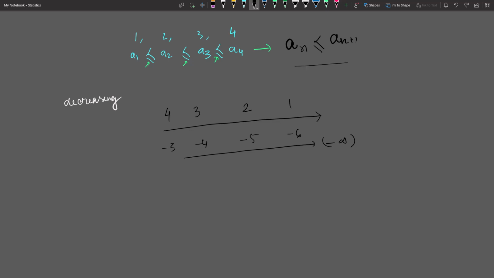That was for monotonically increasing, and for monotonically decreasing it will be a_n greater than or equal to a_(n+1), because the first term will be greater than or equal to the next, and the next term will be greater than or equal to the following. This means 4, 3, 2.